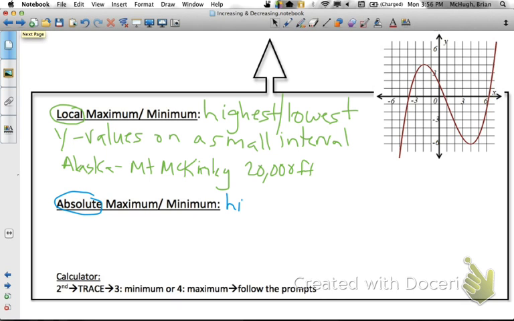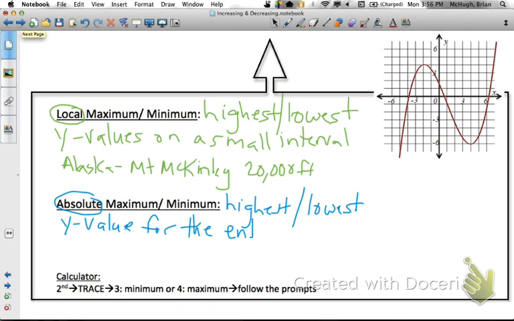That's the highest or the lowest y value, going back to functions, for the entire function.